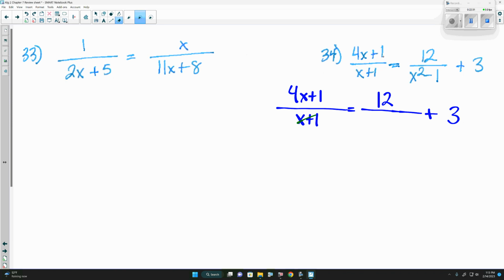Because if we factor x squared minus 1, what does it factor to? X plus 1 times x minus 1, yes?